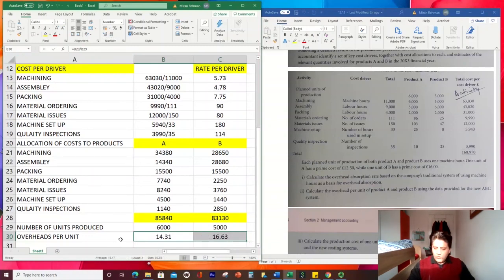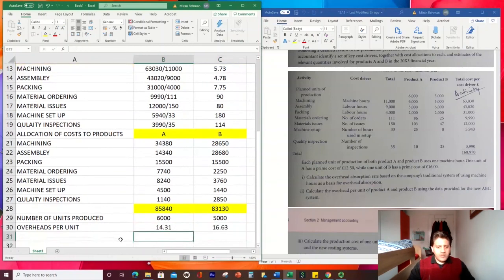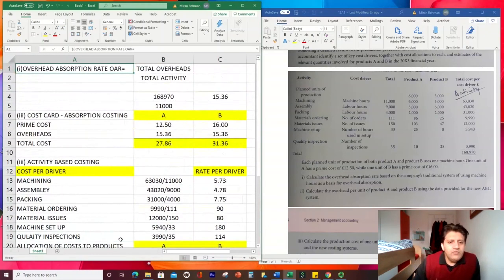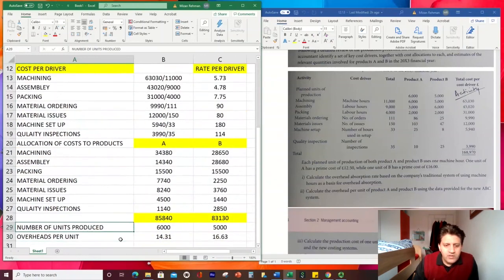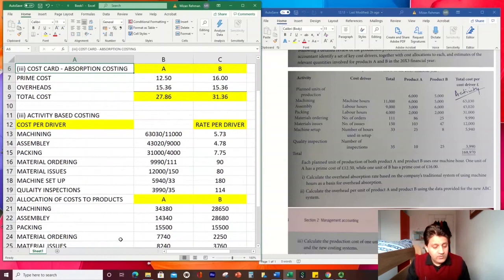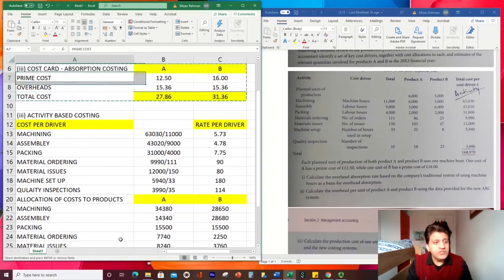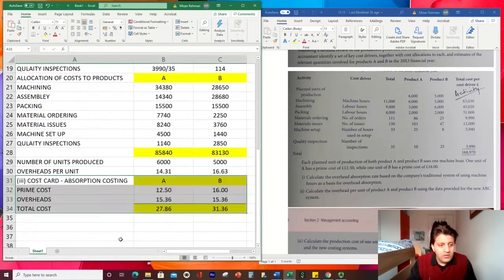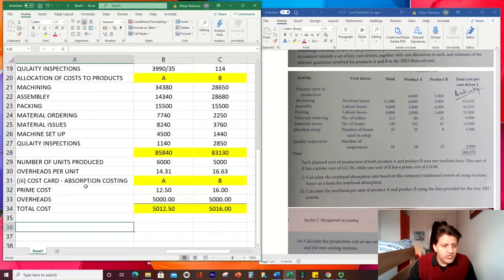And the next step would be to calculate the total cost, which is just as the cost card we have done above, simply adding prime cost and overheads to there. Let's just copy and paste here, Control C, going down, and I will change these things. I just have to type this.